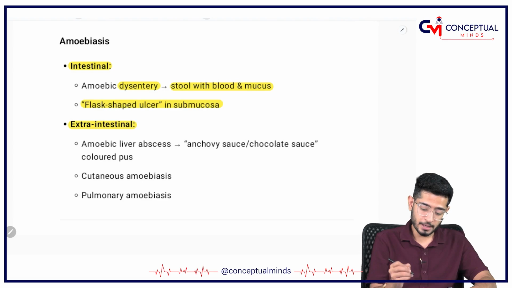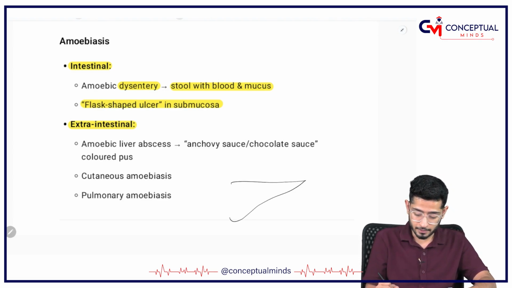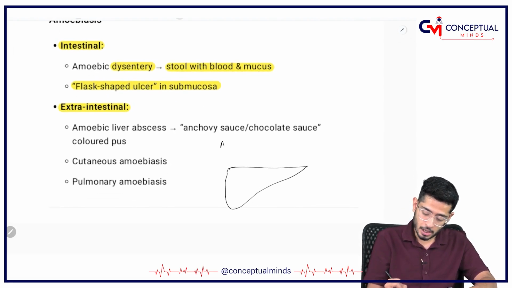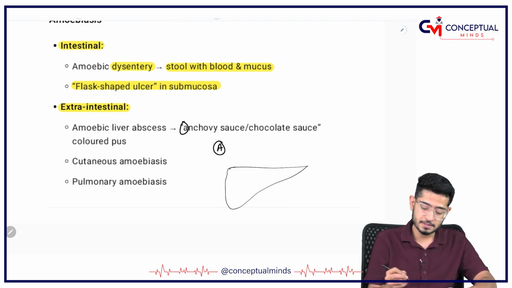But if you talk about extra-intestinal, then it is going to go to the liver, and A for amoeba, A for Anchovy sauce. So in the liver, it is going to make an abscess, and this abscess is of chocolate sauce color or Anchovy sauce color.